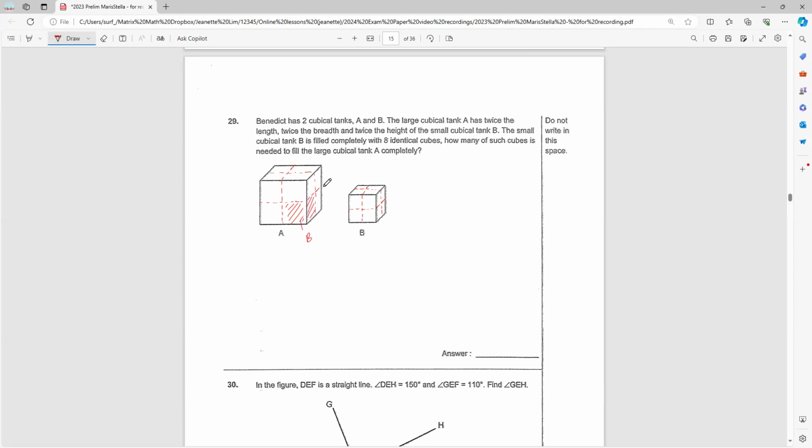So you can get 8 of B. So every one of A, you can get 8 of B. Every one of B, you have 8 small cubes. So 8B will be 8 times 8, which is 64 small cubes in A.